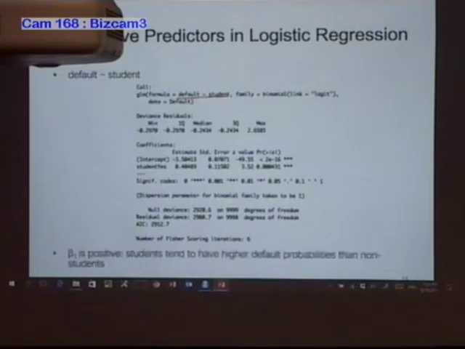It's significant and positive. Therefore, students are more likely to default. We don't know by how much, but students are more likely to default because this is positive.